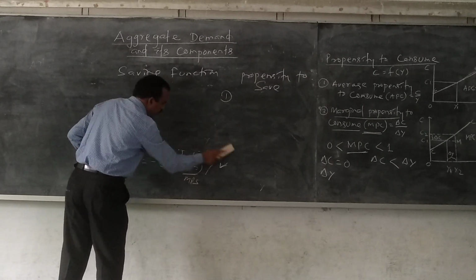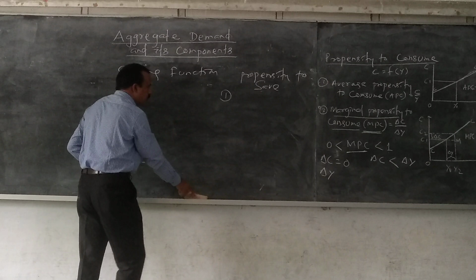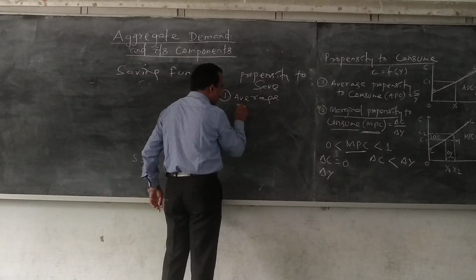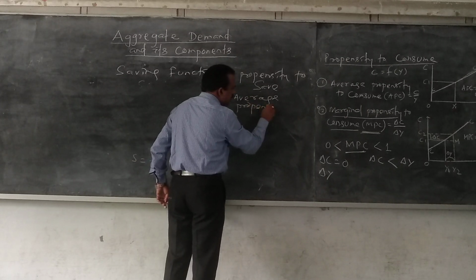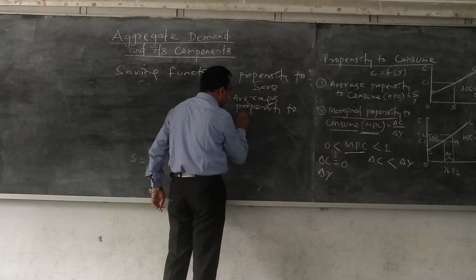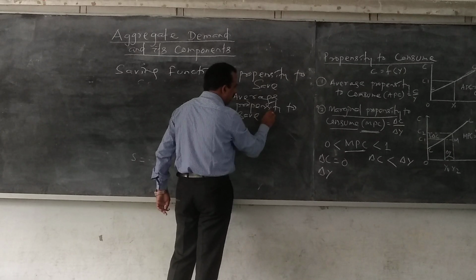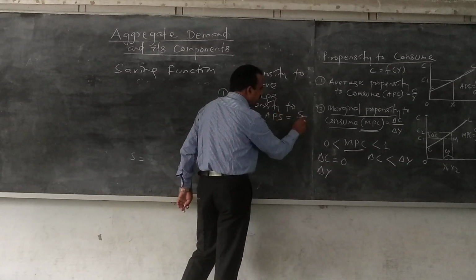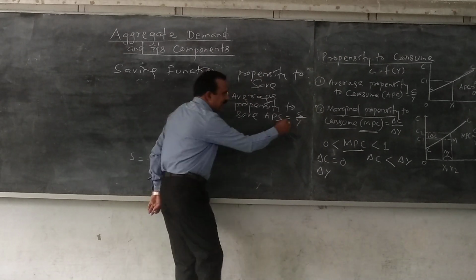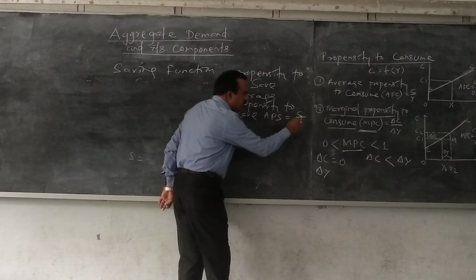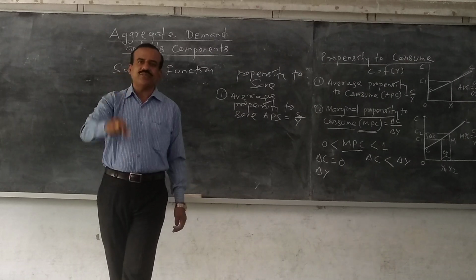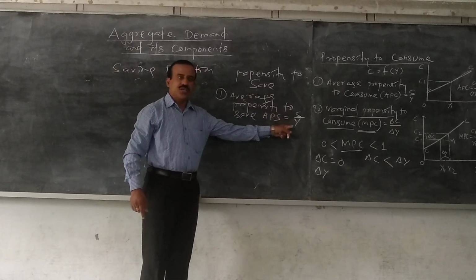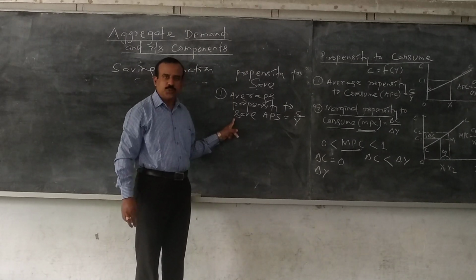One is average propensity to save, that is your APS. It is the ratio between saving and income. At a particular level of income, what is the saving? The ratio between that saving and income is called average propensity to save.